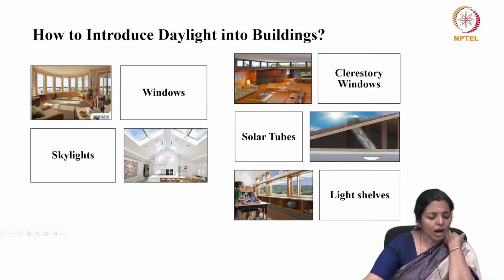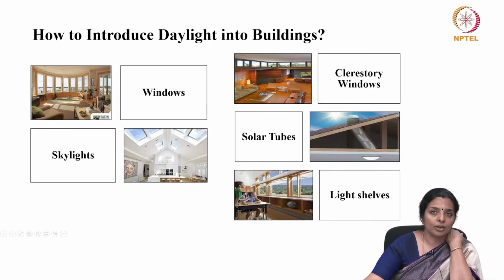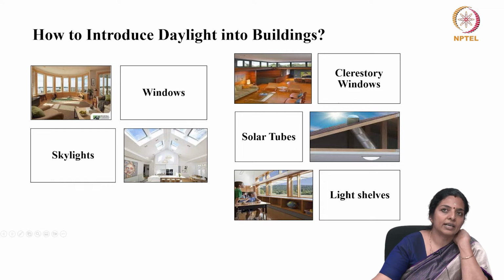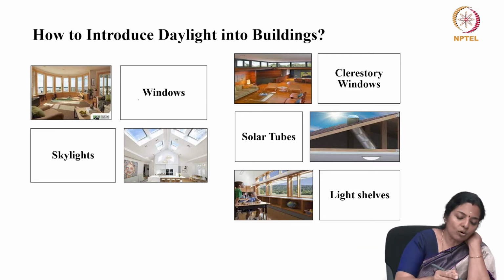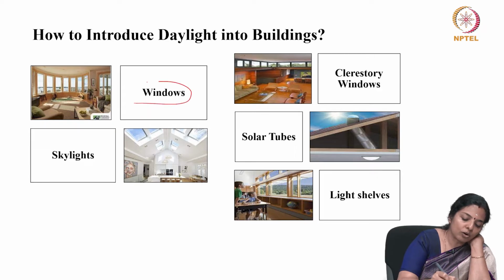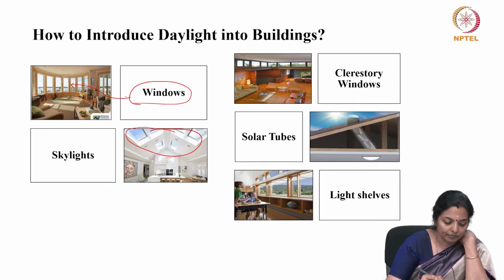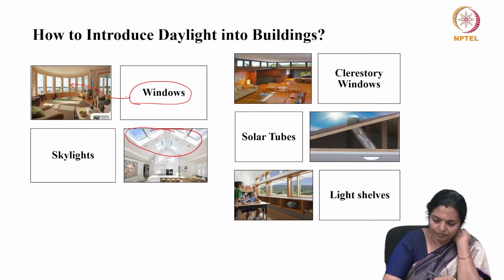So, how do we introduce daylight into buildings? There are various ways of doing it, which we shall be looking at in detail in the next few slides. The most common form of introducing daylight into buildings is through windows. Skylights, which are lights on the ceiling, are another source.